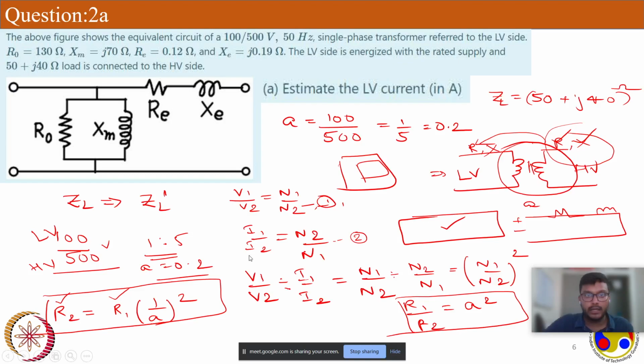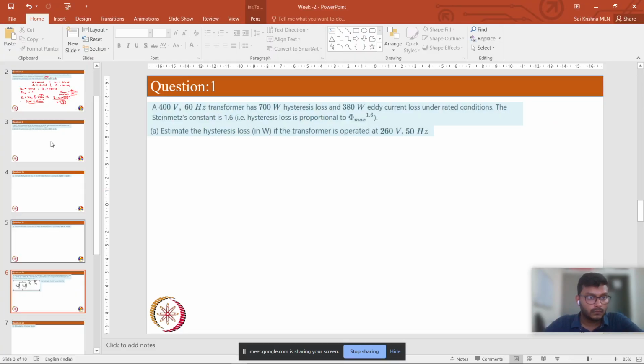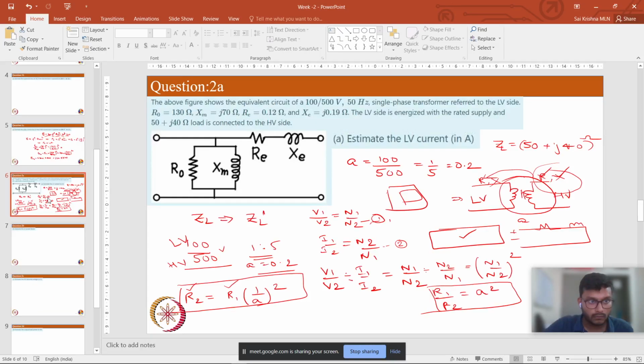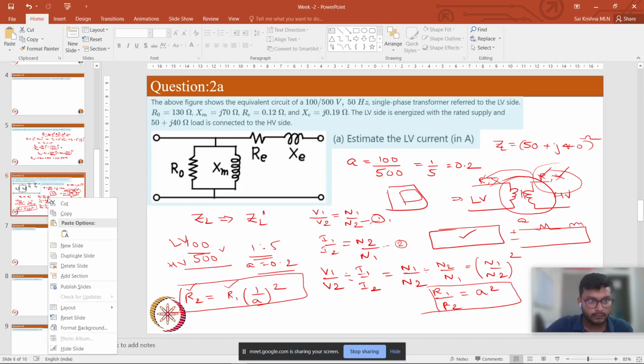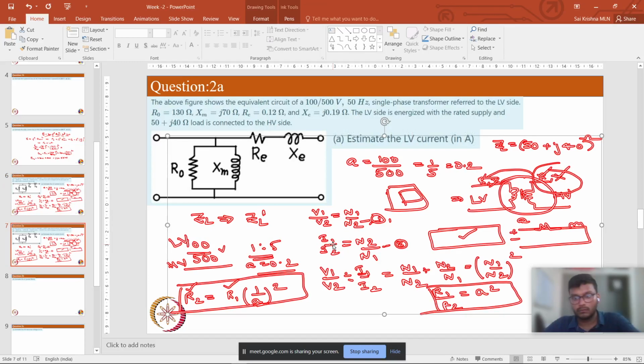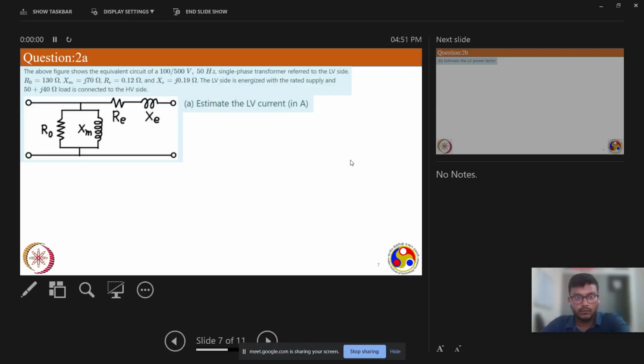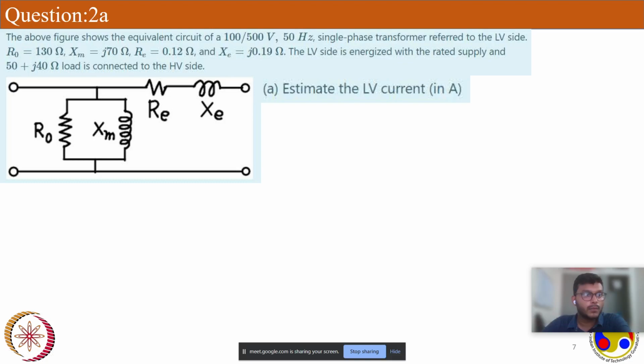Now, let's take another sheet. The second equation is voltage and current relation.